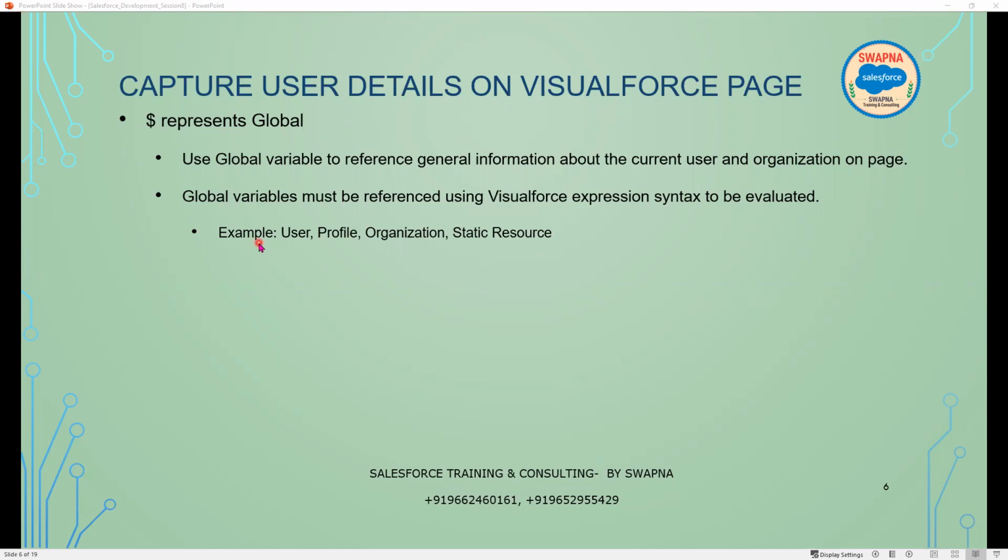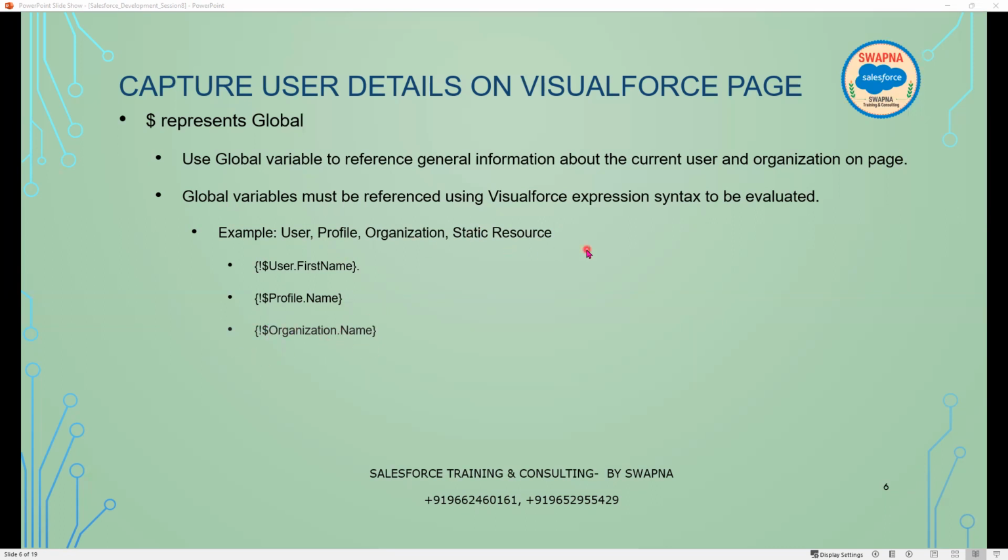If I wanted to get the user first name, then I'll use curly braces, exclamation, dollar User.FirstName. Or else if I wanted to know the profile name, curly braces, exclamation, dollar Profile.Name. If I want the organization details, curly braces, exclamation, dollar Organization.Name.